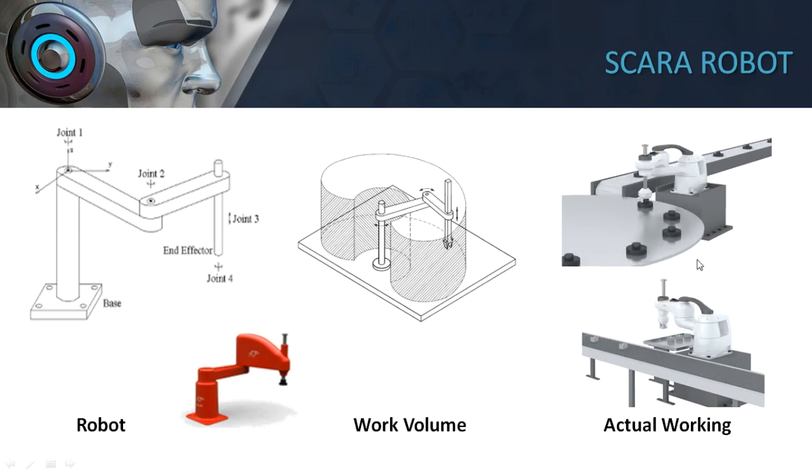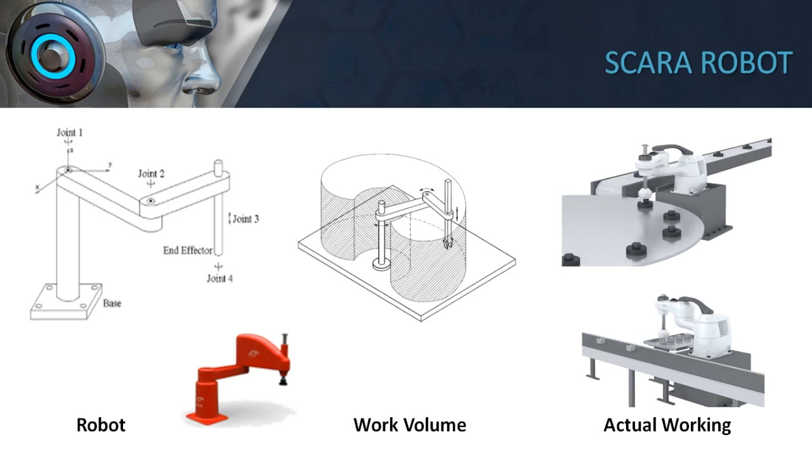One robot is picking the parts from the circular conveyor and putting them onto the straight conveyor, and then there is one more robot which is picking the parts from the conveyor and putting them into a bin where they are stored. So this is the application of the SCARA robot.